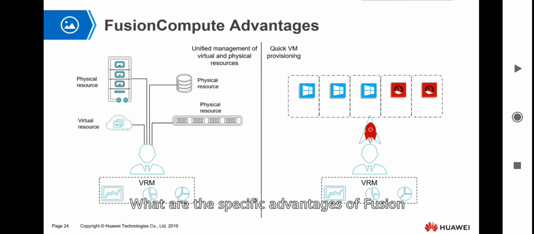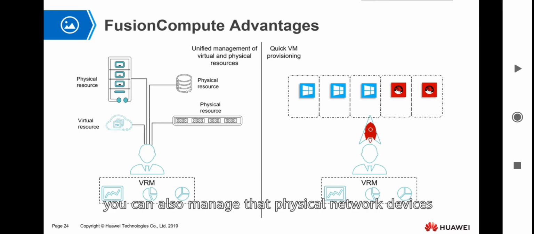What are the specific advantages of Fusion Compute? First, it provides unified management of virtualization and physical resources. It can manage physical computing resources, such as CNA hosts, and physical storage resources. Then it will add some storage devices.